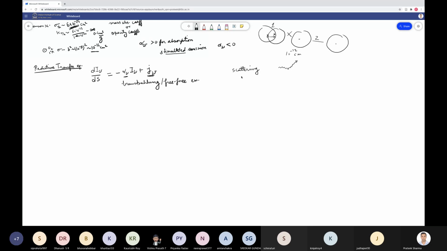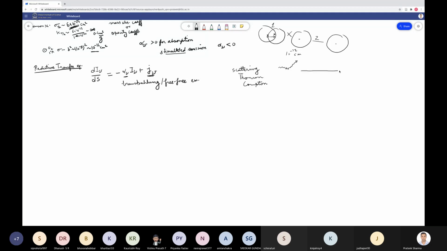So you have Thomson scattering at low energy, or Compton scattering, which is the high energy version of Thomson scattering. But in scattering, photons are not killed, they are not absorbed by matter, they just change direction.